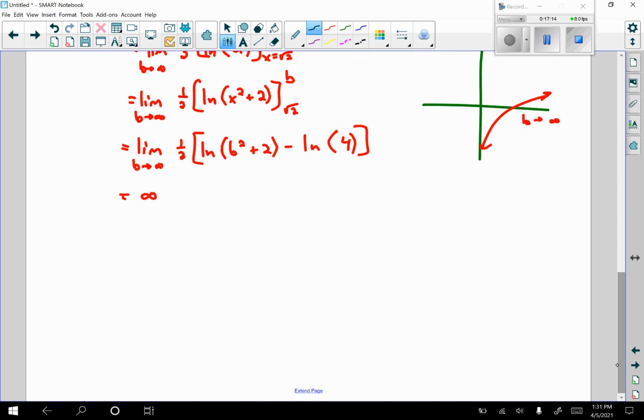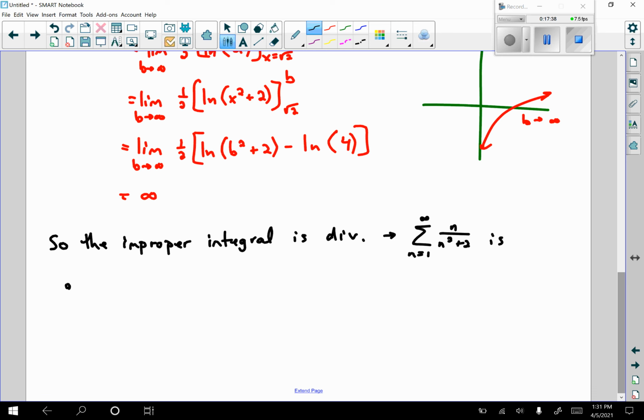So then we would say the improper integral is divergent. Which means the series, as n goes from 1 to infinity, of n over n squared plus 2 is also divergent by the integral test.